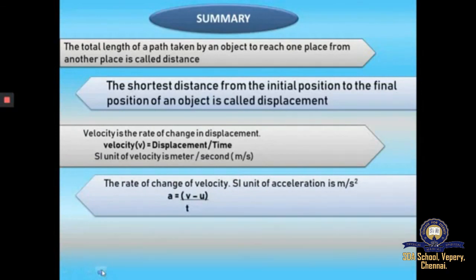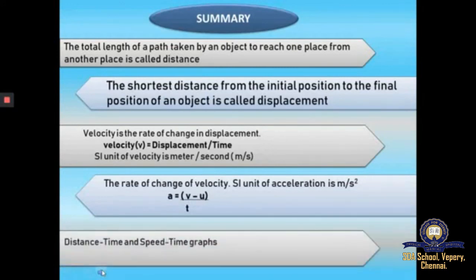The rate of change of velocity is called acceleration, and acceleration is equal to final velocity minus initial velocity by time. SI unit of acceleration is meter per second square. Next we learned how to plot the distance time and speed time graphs, and we also learned the comparison between the distance time and speed time graphs.